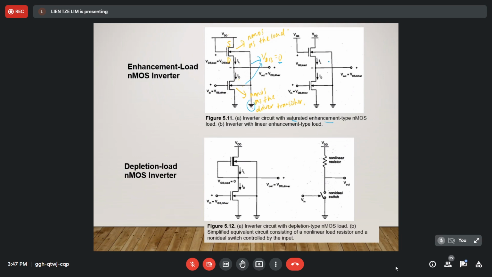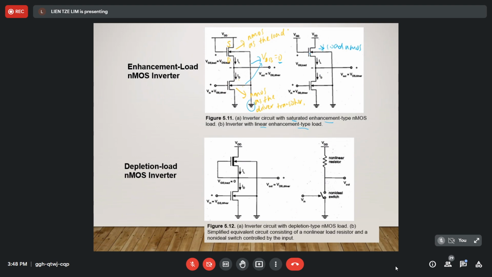And also this is another inverter called the linear enhancement type load. How to differentiate? You see the load NMOS, the input connection is a bit different from the one in the saturated enhancement type.